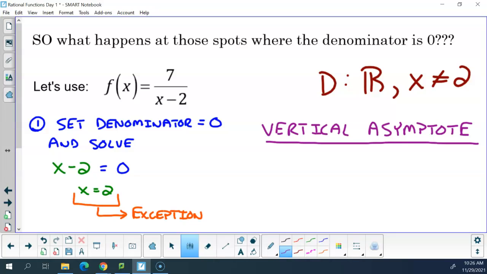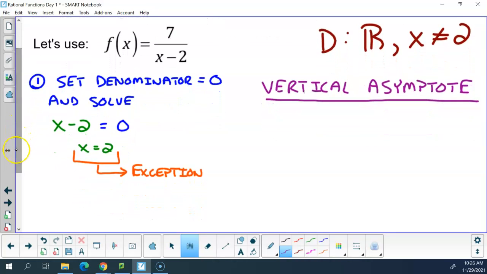Now, vertical asymptotes are very special. You've dealt with them. Again, you had in Algebra 2, you had a unit on these rational functions.